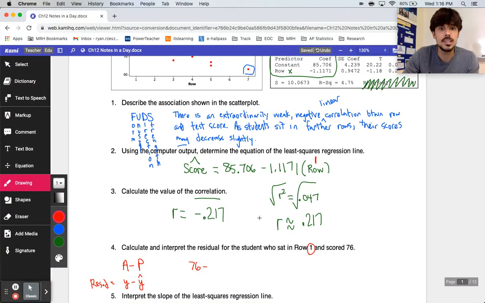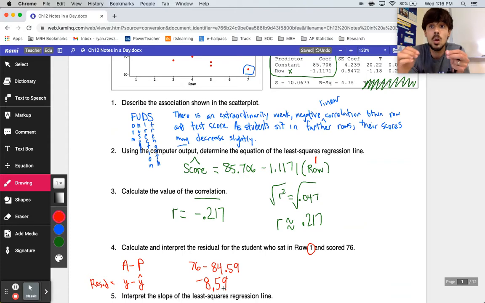Looks like I get 84.59 if I round that. And if you subtract those two quantities, you're going to end up with a residual of about negative 8.59. It also asks us to interpret our residual. So you have to think actual minus predicted.